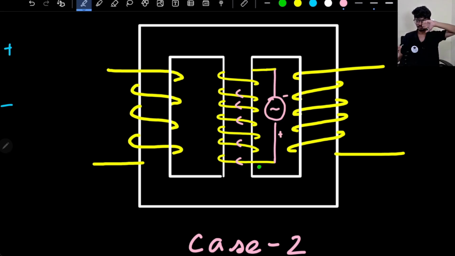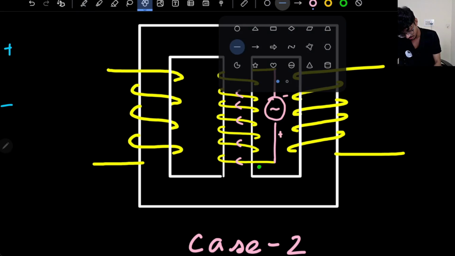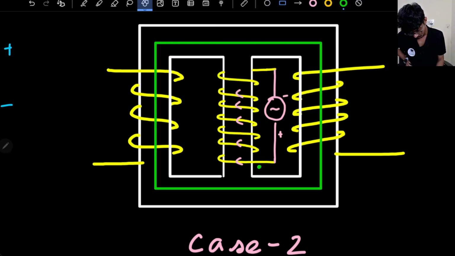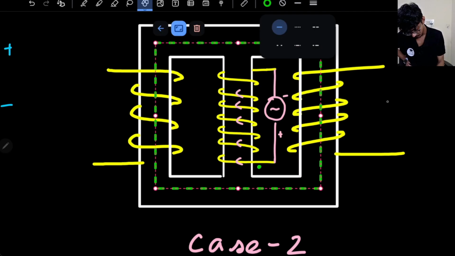If I curl my fingers, flux is going downwards. So the flux direction will be somewhat like this. Flux is going downwards.